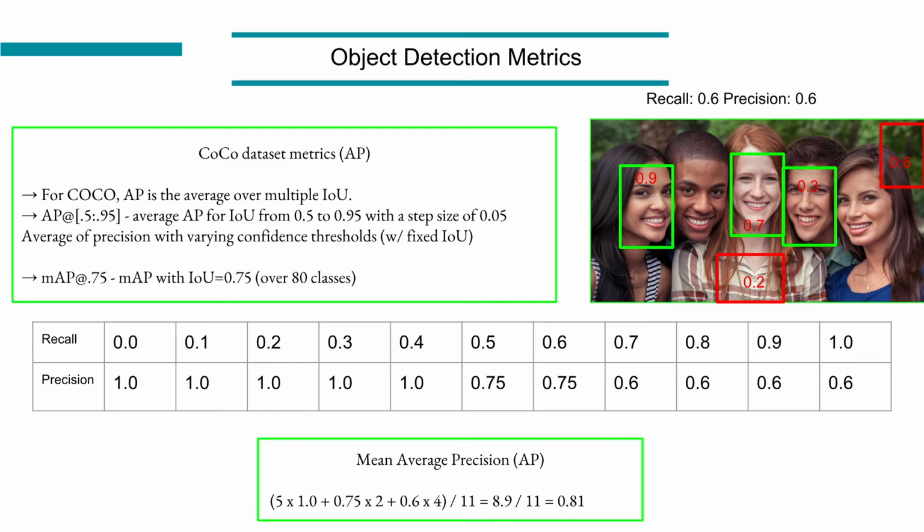So in the COCO dataset and COCO results, you mostly see something like this, right? Mean average precision at 0.75 means mean average precision over all classes if you define your intersection over union threshold as 0.75. So this is the metric in object detection.